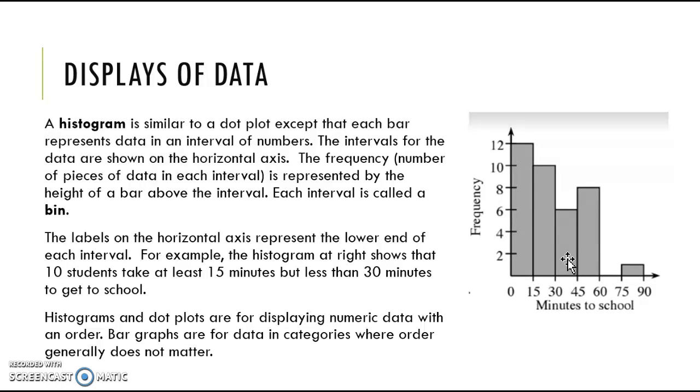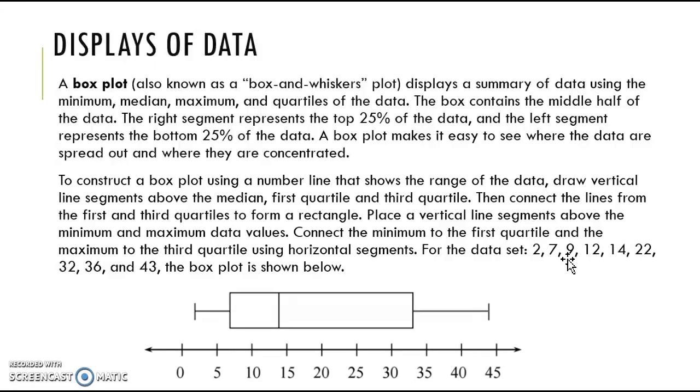And the last display that we're going to talk about right now is the box plot. It's also known in some circles as the box and whisker plot. It's a really nice summary of data, and it displays the 5-number summary nicely.